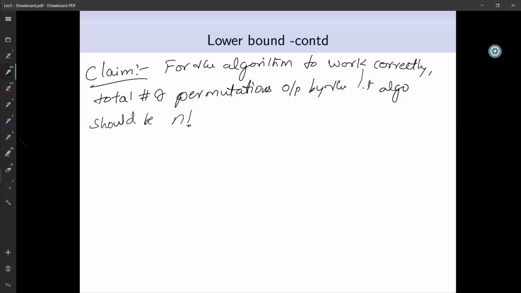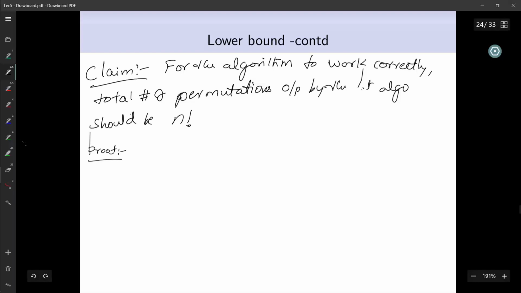Why is that? I'll just give you a proof. The proof is fairly simple. Suppose the number of permutations is less than n factorial.